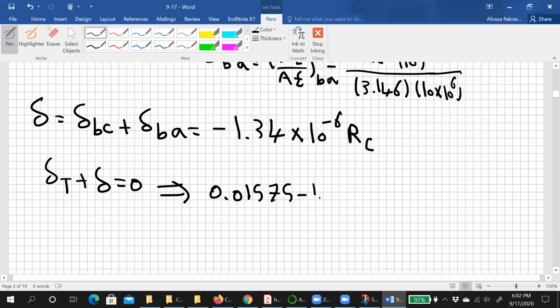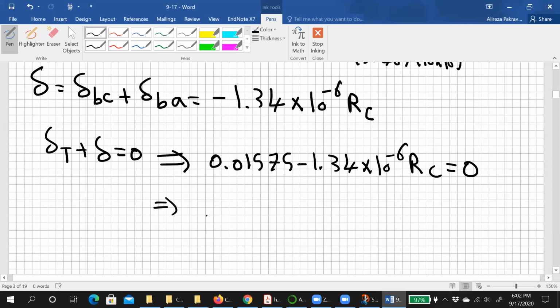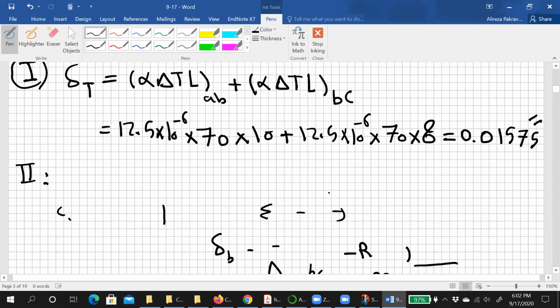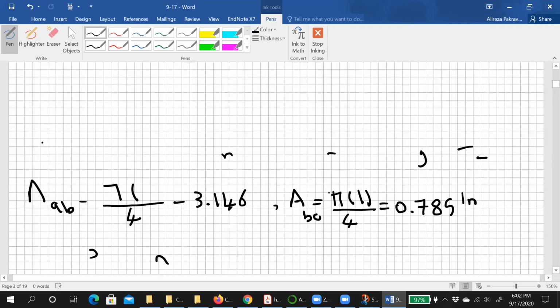Delta is negative 0.34 times 10 to the minus 6 RC is equal to 0, right? And RC would be 11,780 pounds. So, okay. And you find these reactions.